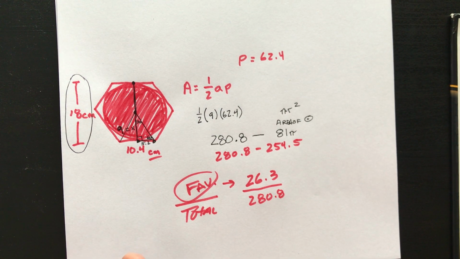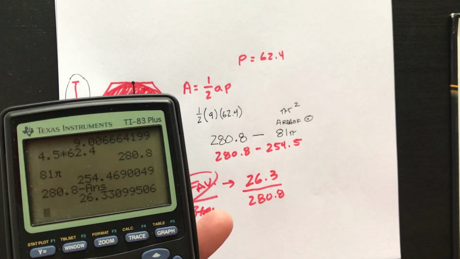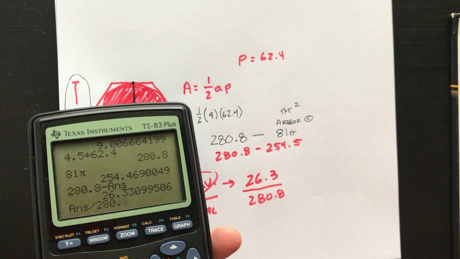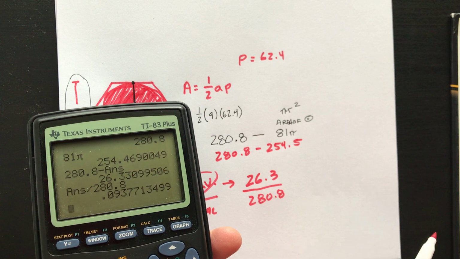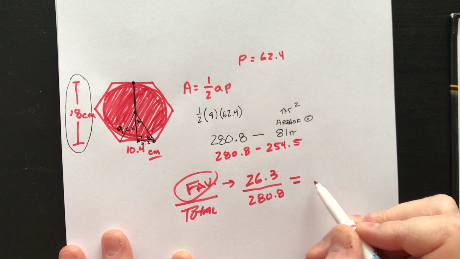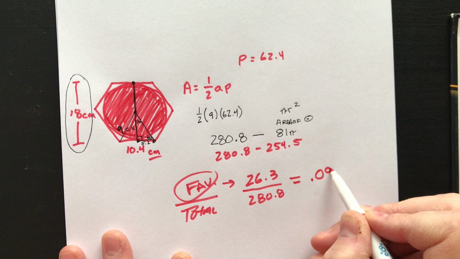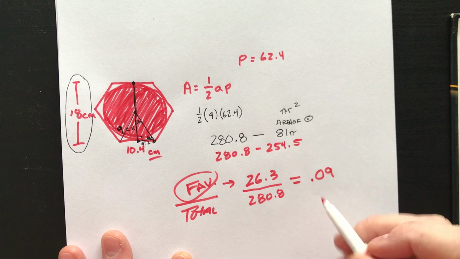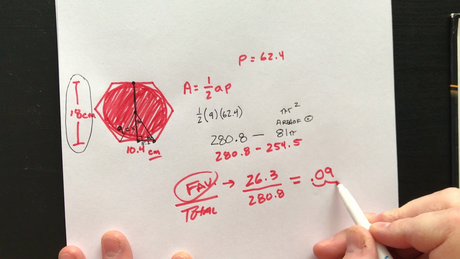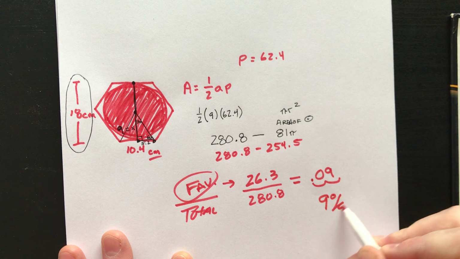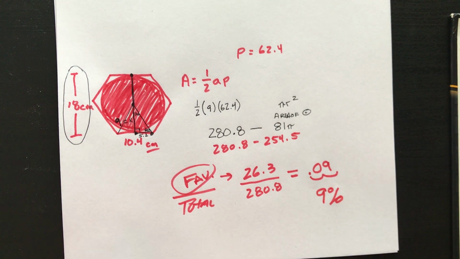But 26.3, if you just do this on your trusty calculator, unless it's a Casio, divided by 280.8, I got 0.09. Now, when we convert that to a percent, you move the decimal twice. So the answer, 9%.